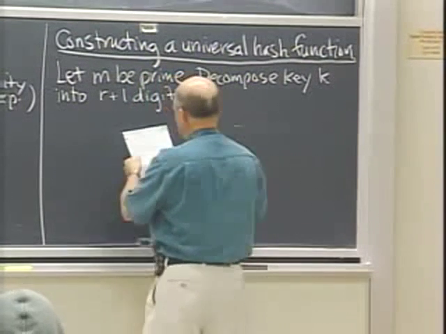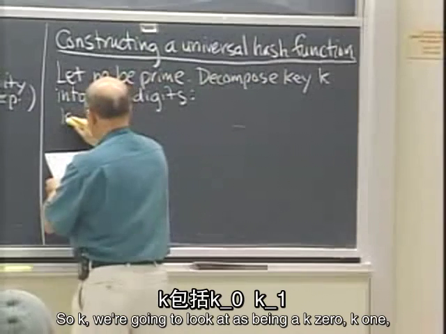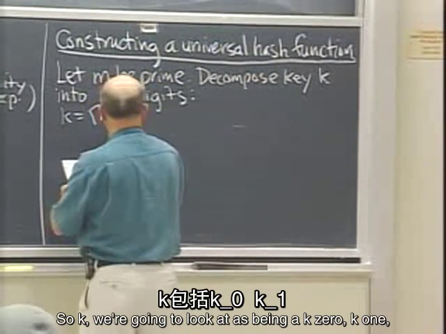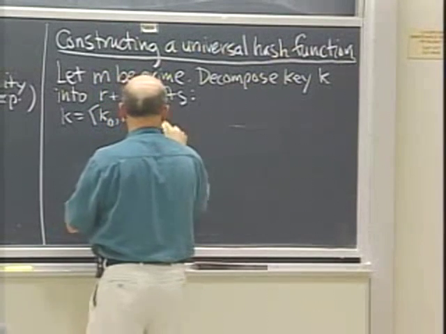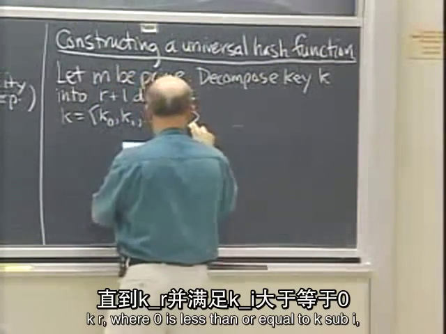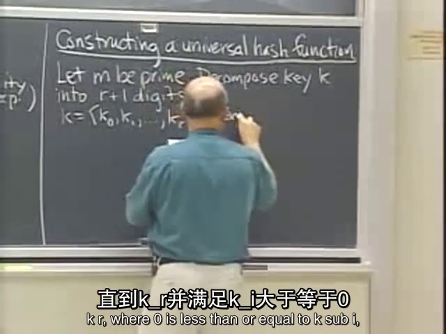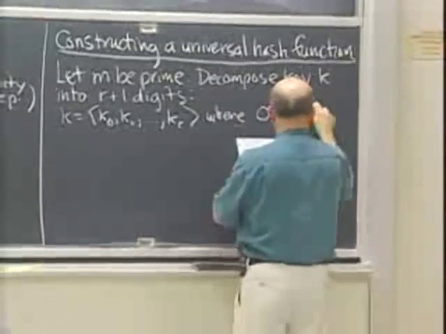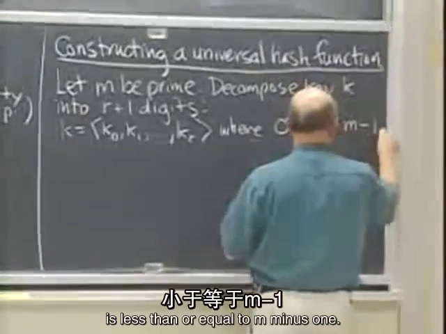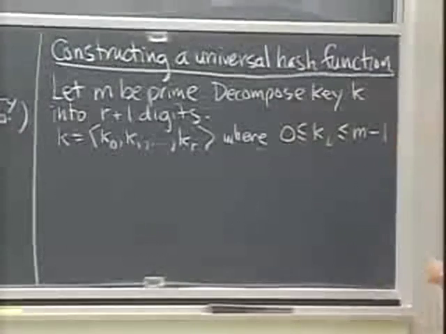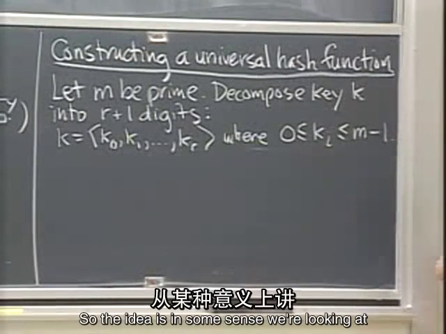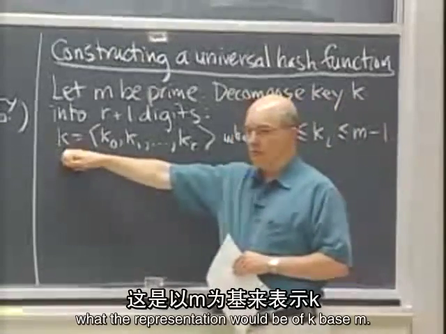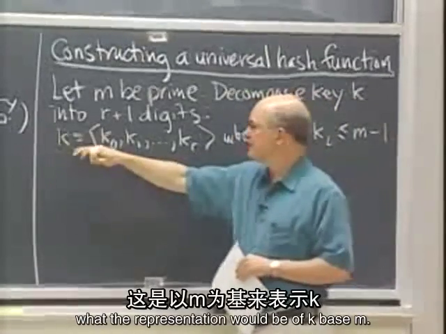So k we're going to look at as being k0, k1, through kr, where 0 is less than or equal to k sub i is less than or equal to m minus 1. So the idea is, in some sense, we're looking at the representation of k base m.